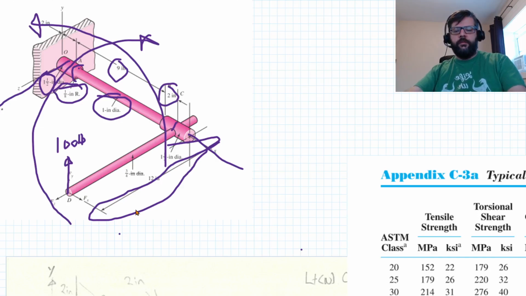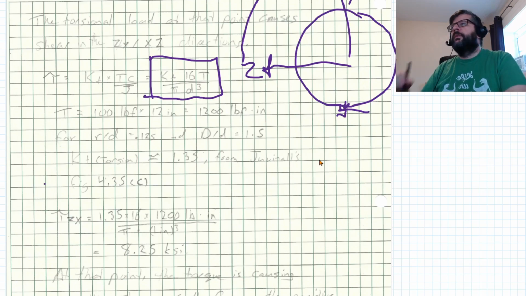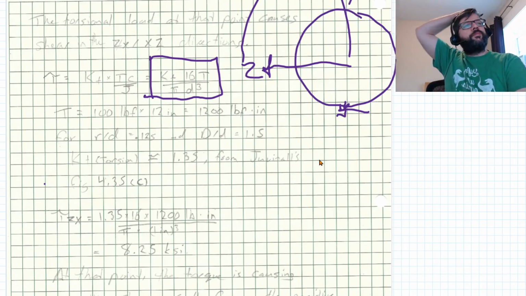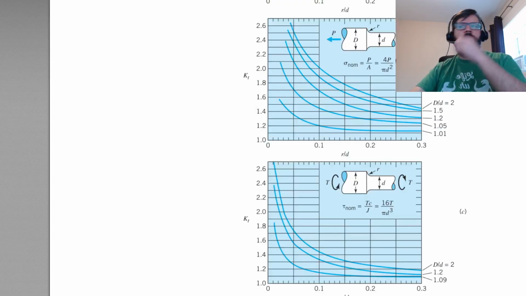100 pounds times the 12 inches, so 1,200 pound inches. Again, our r over d and our D over d stay the same, the 0.125 and the 1.5. So we just go back to our diagram here.